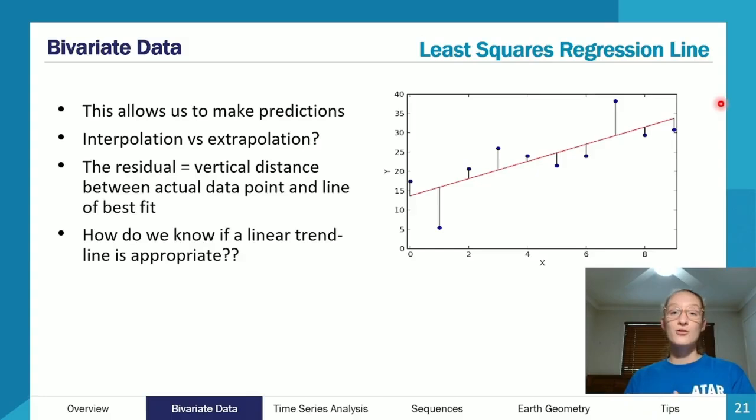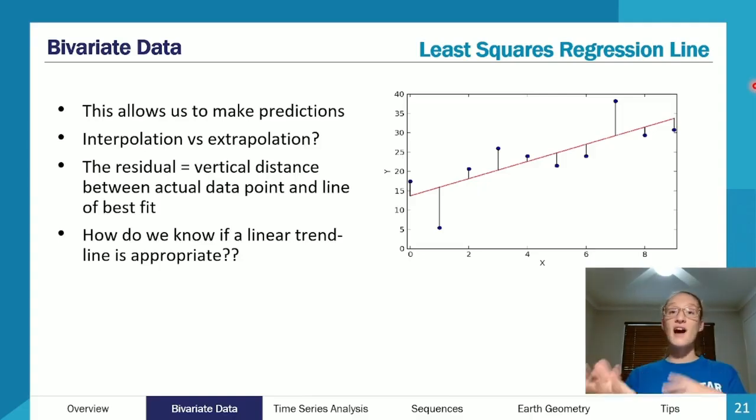And as a general rule, something really important to remember is that interpolation is always more reliable than extrapolation. Because with interpolation, we've got this data, we've calculated this trend line based off this data, but the danger with extrapolation is we have no way to know whether this pattern continues on beyond the research that we've done, because most linear patterns don't go on forever.